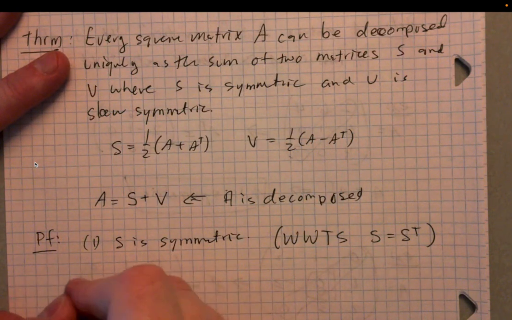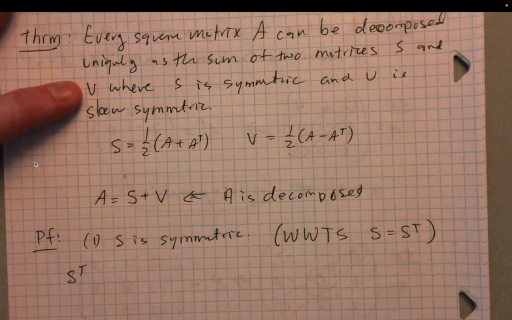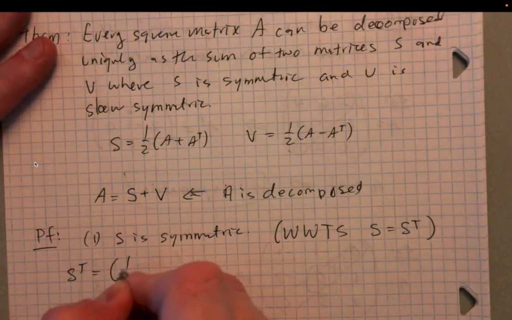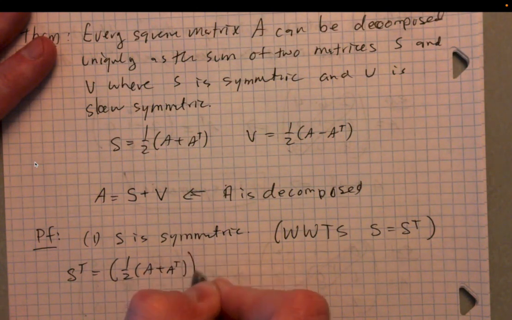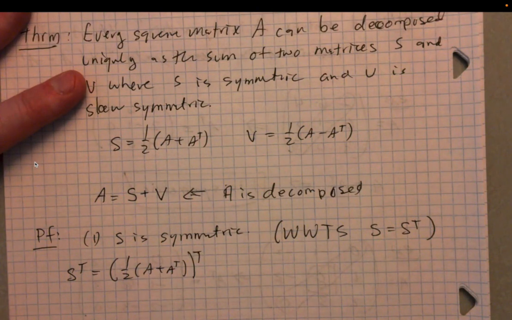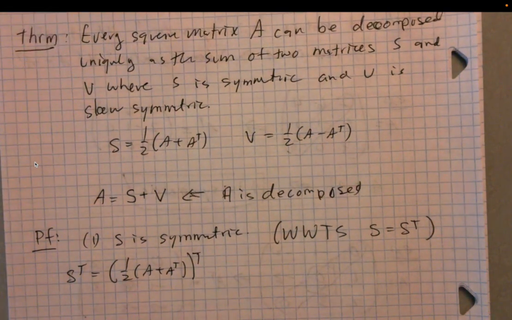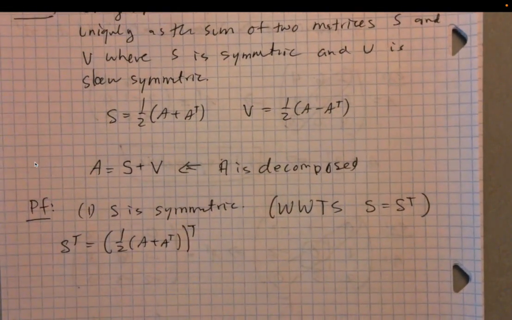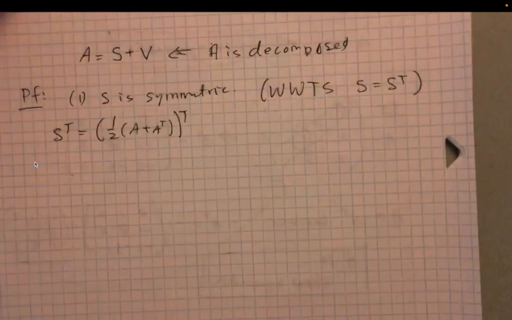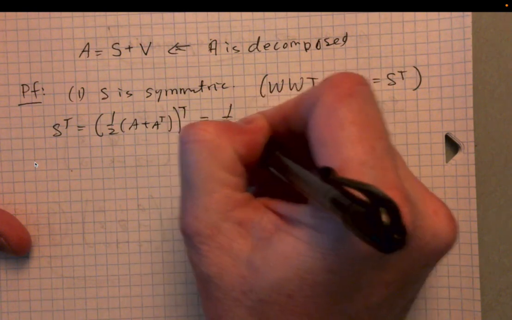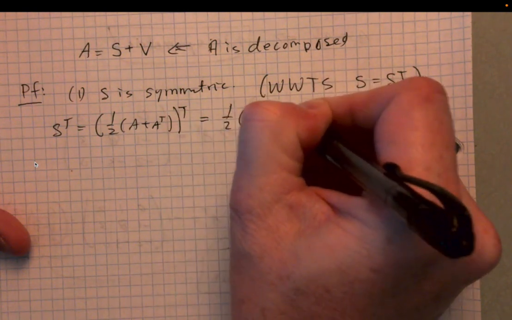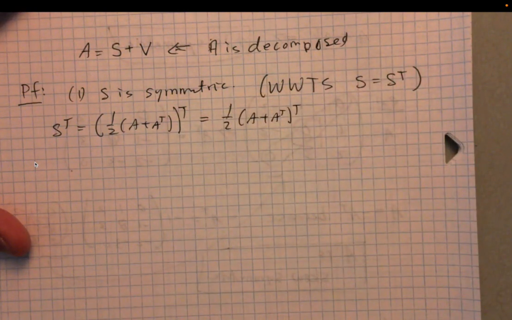Well, we start with S transpose, and that is equal to 1/2 (A plus A transpose) transpose. Now we're just going to use the properties of the transpose that we discussed previously in the prior theorem.